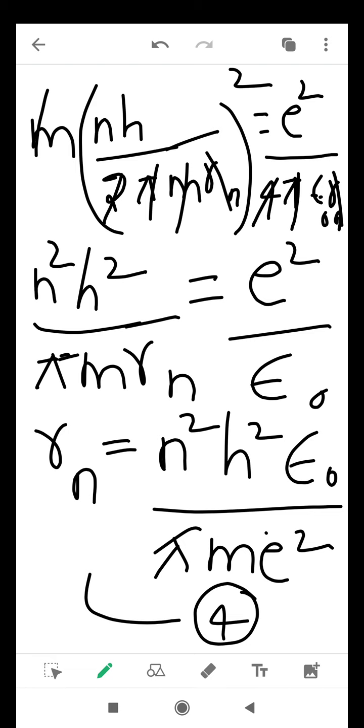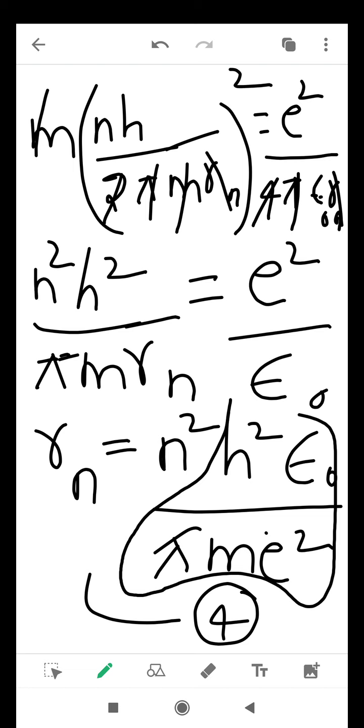Observe equation number 4. Since h, epsilon naught, pi, m, e square are all constants, we can say that Rn is directly proportional to n square. If we substitute the values of all the constants in equation number 4, we will get Rn equal to some constant number into n square.